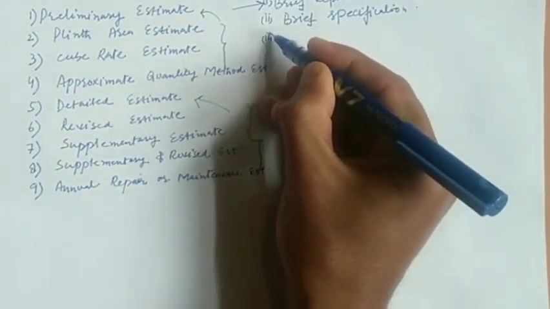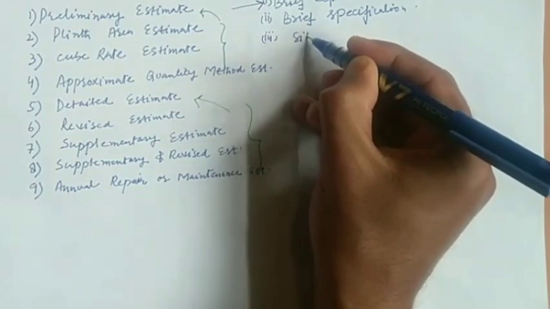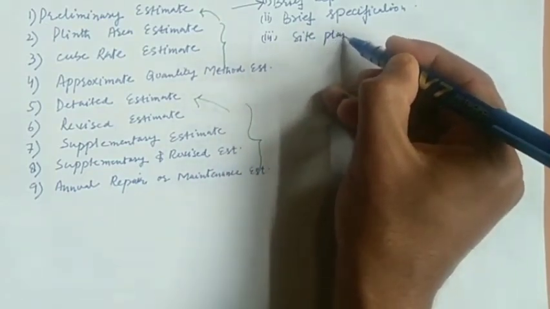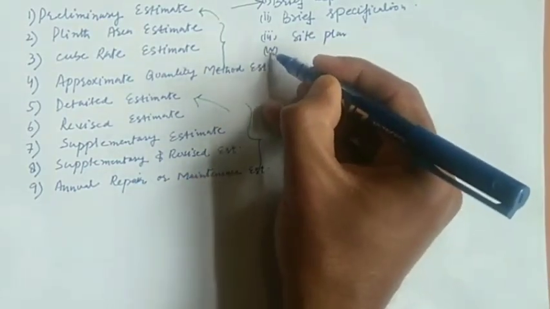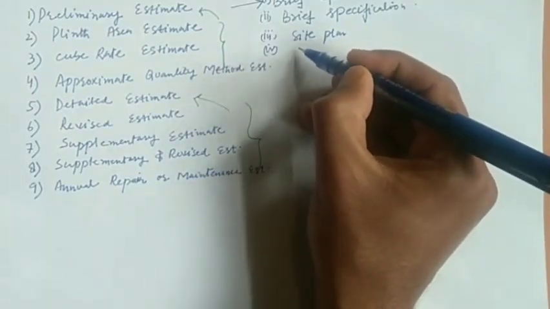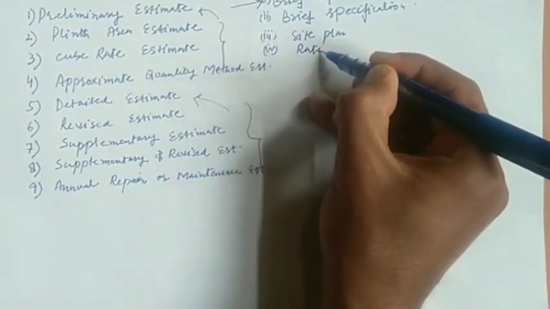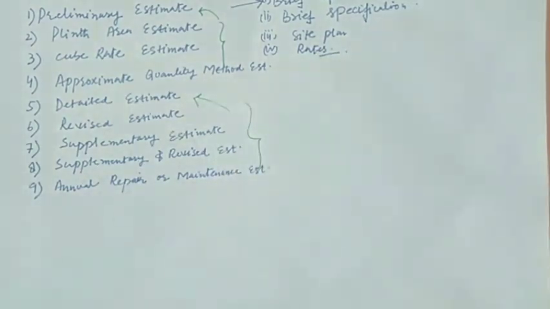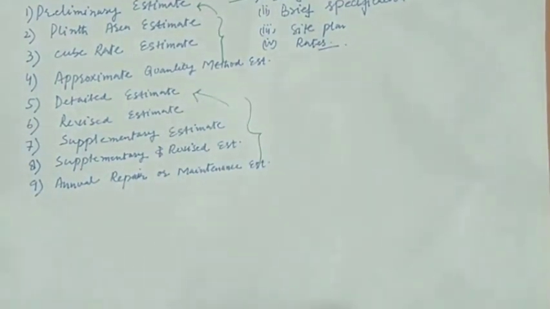Third, we should have a site plan, and a brief idea about the rates. These four things are very important before making up the preliminary estimate.